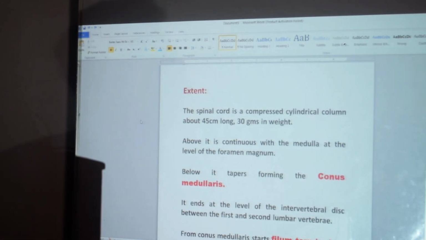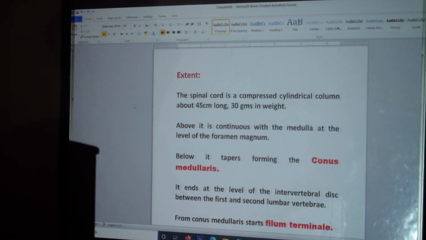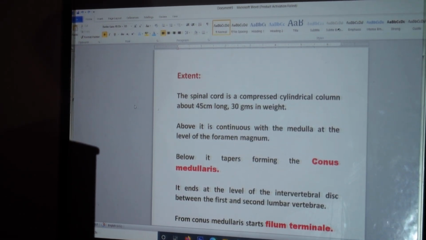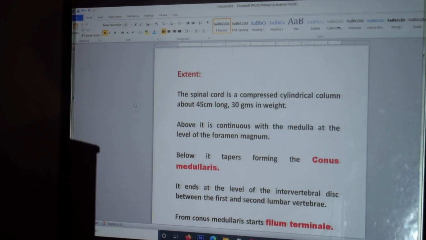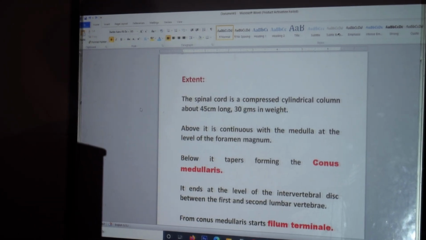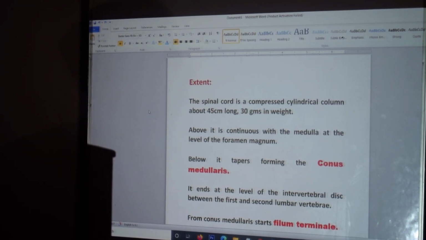Second point is that above it is continuous with the medulla oblongata, and below it tapers. Below it becomes conical, and the name given to the terminal part of the spinal cord, as you can see on the board, is conus medullaris. So conus medullaris is the conical termination of the spinal cord.